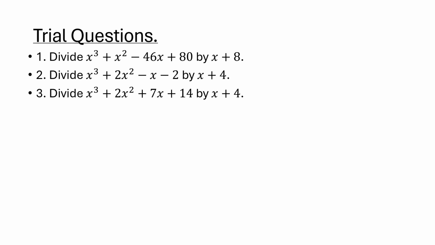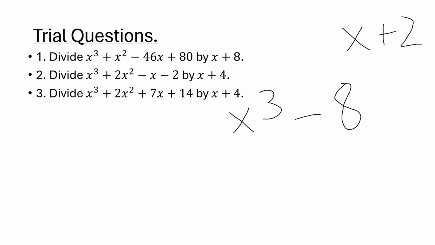But before I leave, I would like us to consider something like this. If, let's say, I give you x cubed minus 8 divided by, let's say, x plus 2. Now, you equate this to 0 and you are getting -2, right?